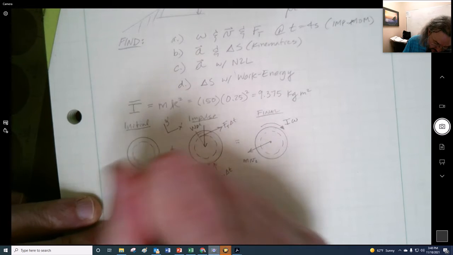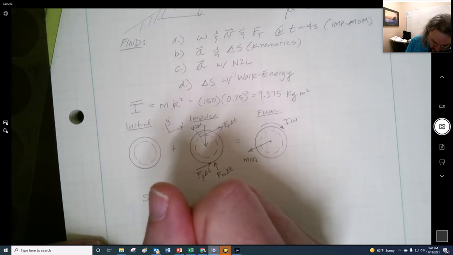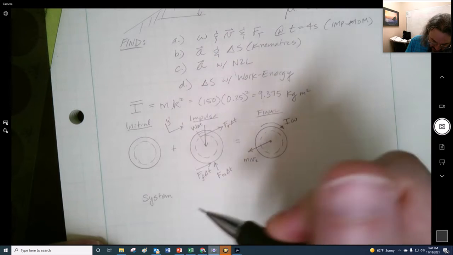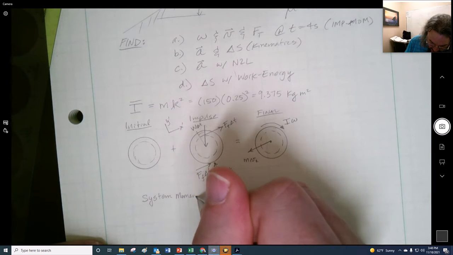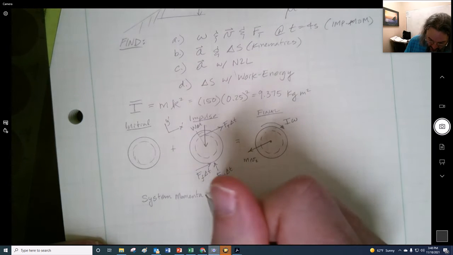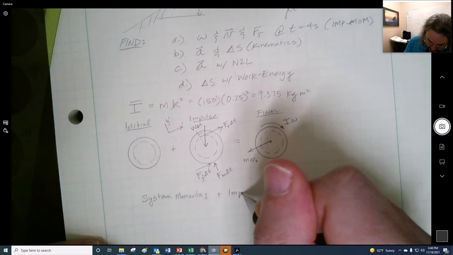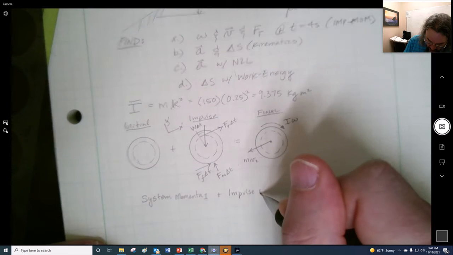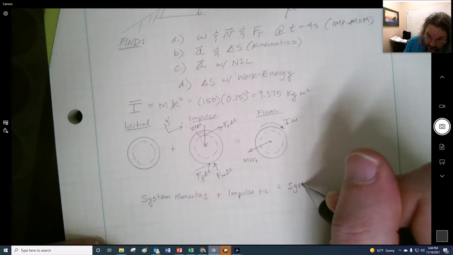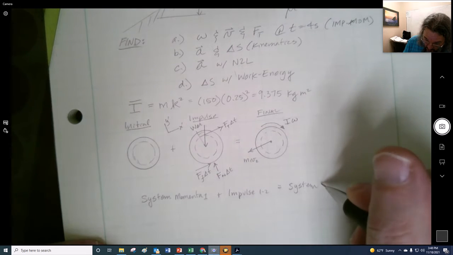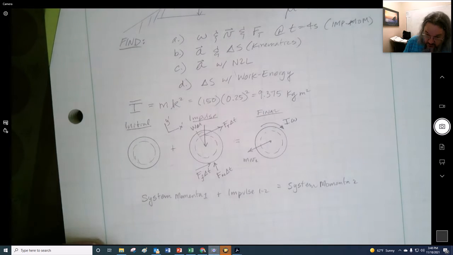Maybe I should write out the main equations underneath this right here. This is the main concept: system momenta at state 1, plus the impulse from 1 to 2, is going to be equal to the system momenta at state 2, right?